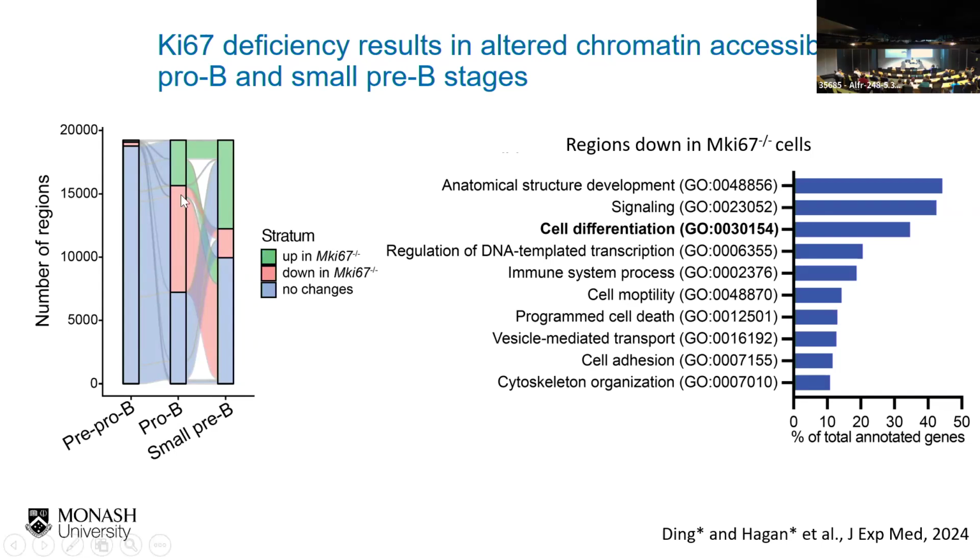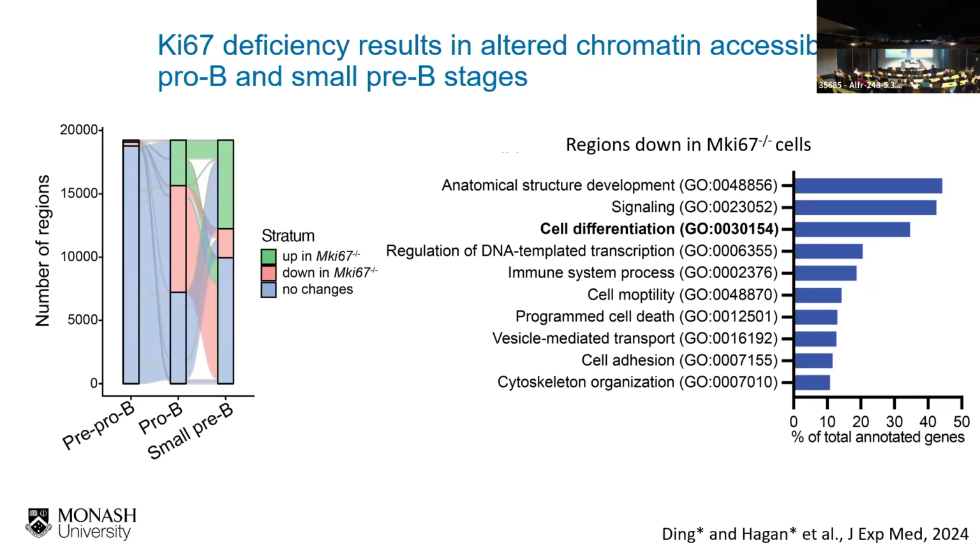And if you look at those regions that changed in both the pro-B and the small pre-B cells and do a gene ontology analysis, you find that there are quite a few things related to cell differentiation and structure development and those kinds of things, which is not surprising.